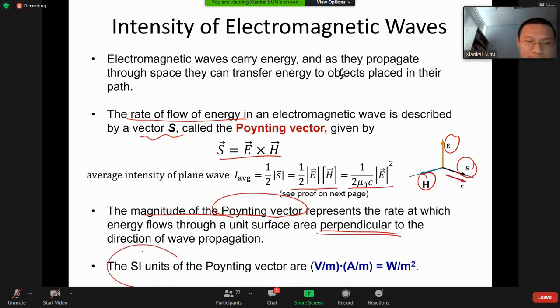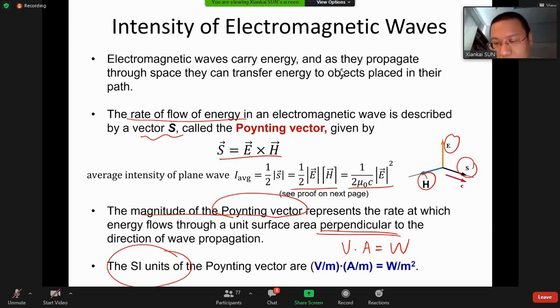So the SI unit of the Poynting vector is the unit of E multiplied by the unit of H. The unit of E is volt per meter, and the unit of H is ampere per meter. As a result, you know that volt times ampere is watt, right?